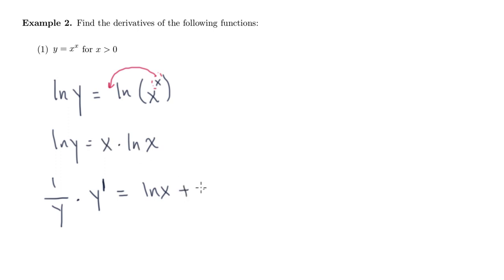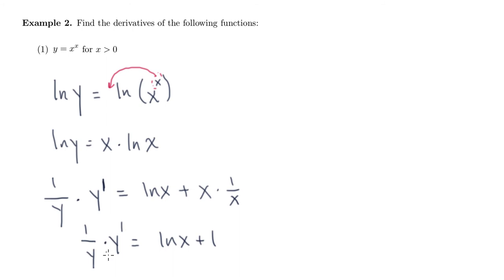And then we have x times the derivative of natural log of x, which is 1 over x. But x times 1 over x is 1. Remember that x is greater than 0, so specifically it's not equal to 0. So we have 1 over y times y prime equals log x plus 1.